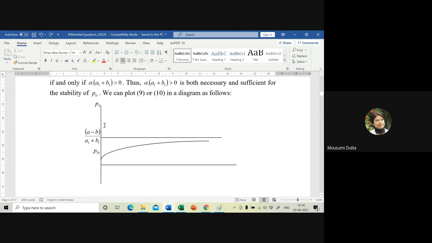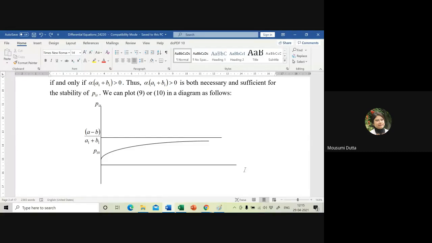So we can plot. Along this axis, we are considering time, and along the vertical axis, I'm considering P1t. I'll not be able to put t, so please do it on your own. Time I am measuring along the horizontal axis and the price along the vertical axis.